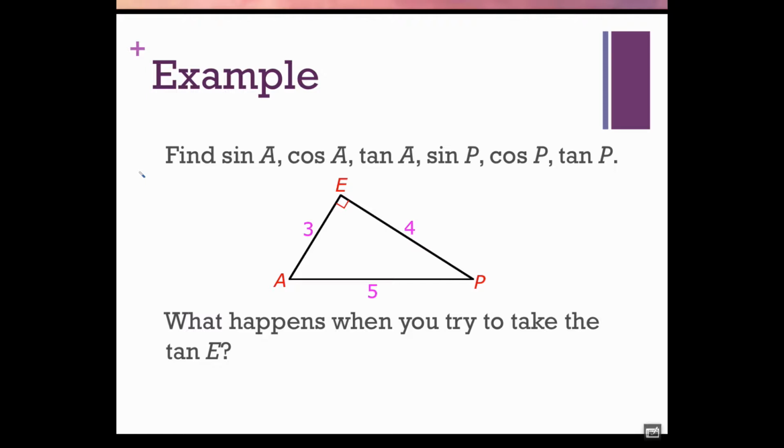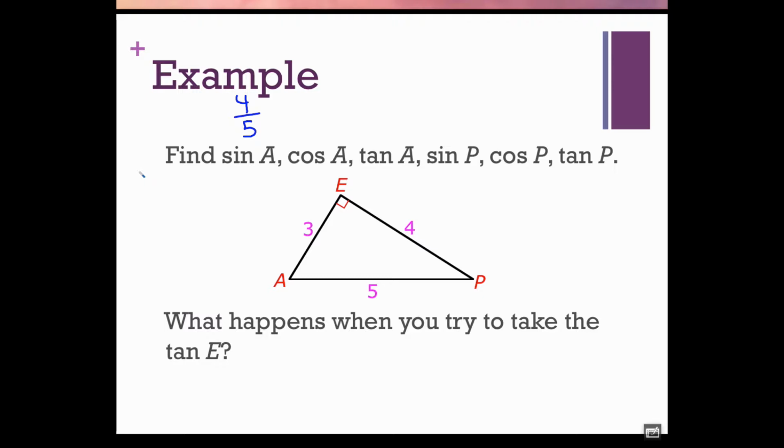Over 5. Good. Teach yourselves, kids. 4/5. Sine is opposite over hypotenuse. Which side is opposite angle A? 4. Which one's the hypotenuse? 5.